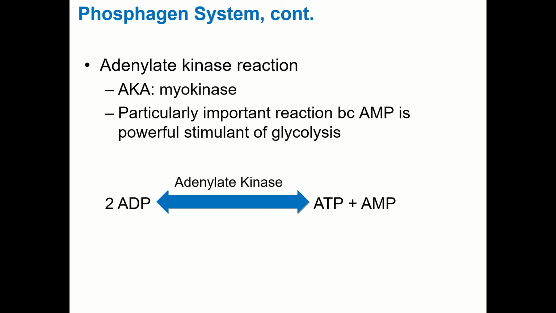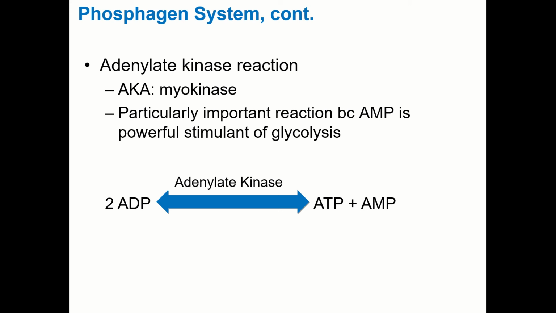Continuing with the phosphagen system, I mentioned this a minute ago, the adenylate kinase reaction. That is where we have 2 adenosine diphosphates, or ADP, and then we'll use this enzyme, adenylate kinase, also known as myokinase, and that will pull a phosphate off of one of these ADPs, and then we're left with one adenosine triphosphate, or ATP, and then an adenosine monophosphate.